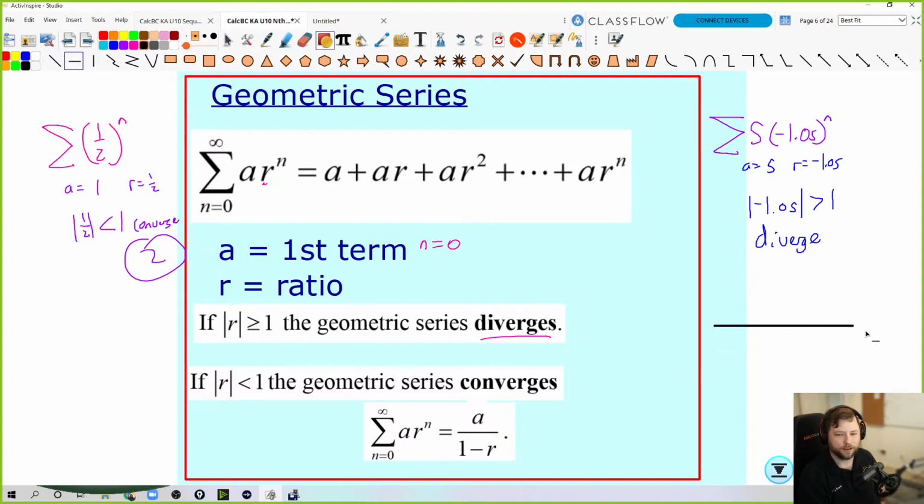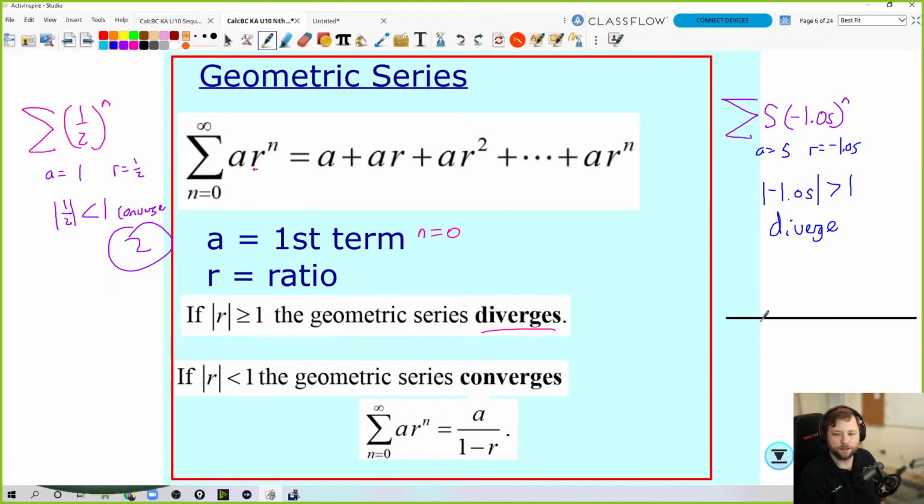And I'm going to do it over here. So -1, 0, 1. You had it like this. We are between these. Between those two, we converge.